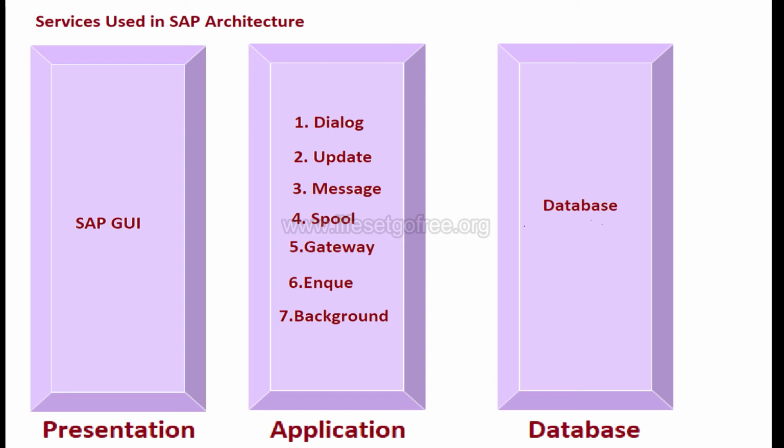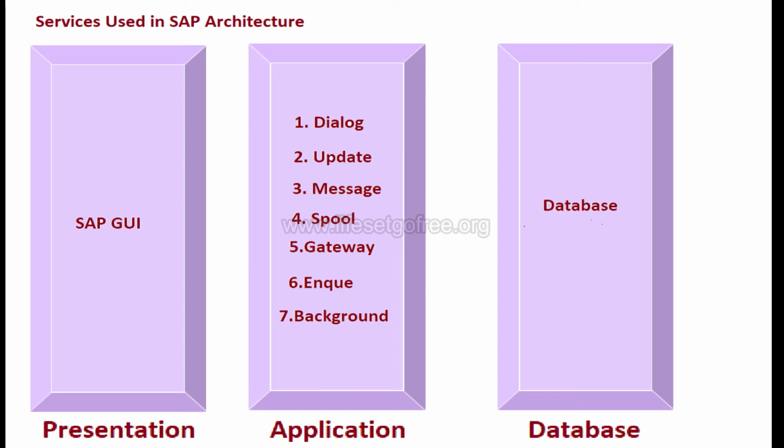Remember carefully. What are the various work processes of the R3 system? What you have seen till now: one is the dialog or online work process. That means it can process only one request at a time. The next one is background.